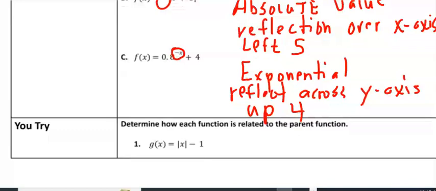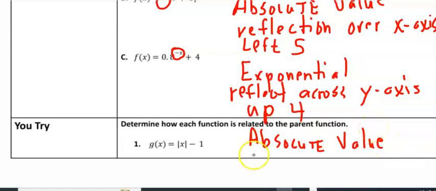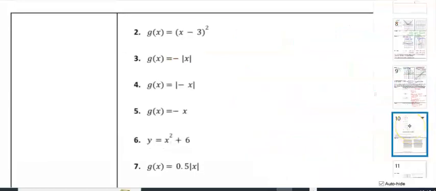Okay, the next one. What function is this one here? Absolute value. And I'm going to shift it which way? Down 1. Because everything on the inside deals with the x, doesn't it? Okay, what do we have next here? Whole bunch of them. Okay?